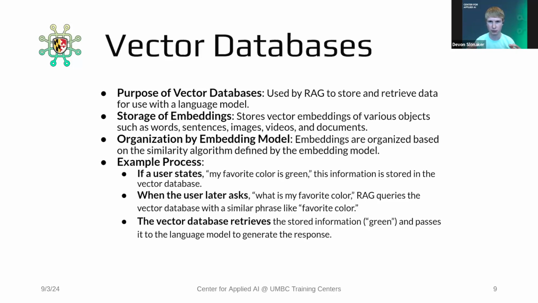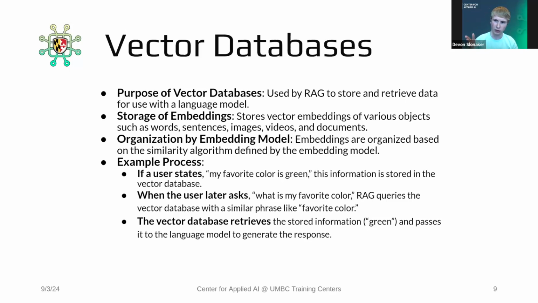So an example process could be this. Let's say you tell ChatGPT, "Hey, my favorite color is green." And if you use ChatGPT, you may notice something every once in a while saying "updating memory." That's RAG. So it's remembering what you're telling it. So if you say my favorite color is green, that is then embedded and stored into a vector database. And then if the user later asks, "Hey, what's my favorite color?"